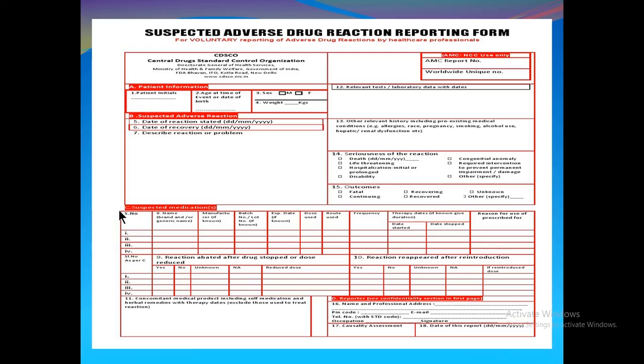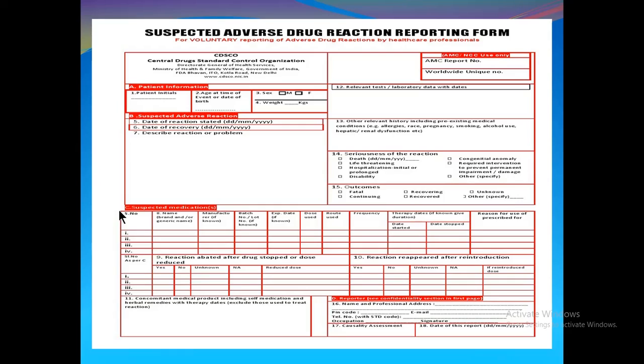In point 13, details about history of pre-existing medical conditions such as allergy, diabetes mellitus, hypertension, thyroid dysfunction, renal and hepatic dysfunction, and also about race, pregnancy, smoking, drug abuse, etc. have to be filled.